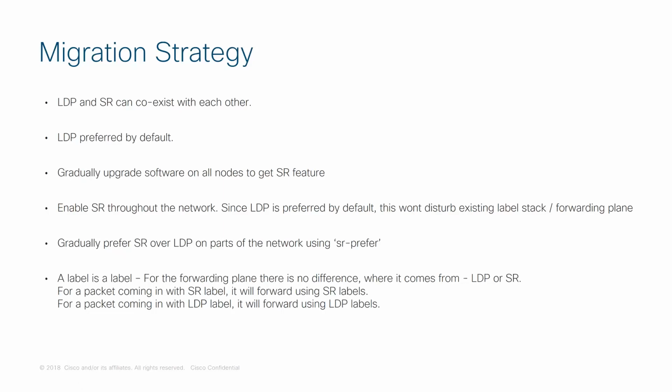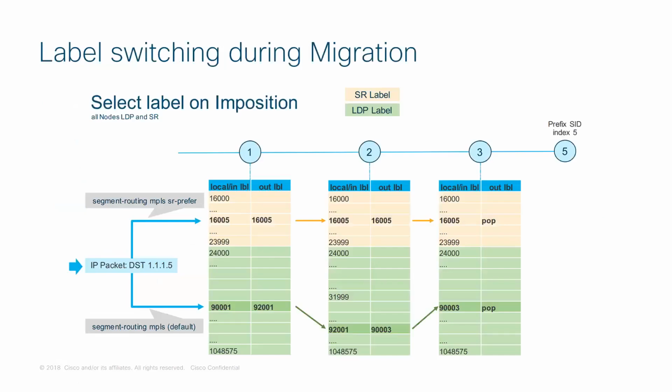That's why it doesn't break. You can have both, and you can slowly migrate from LDP to SR. Data will be forwarded as per the incoming label. This is the figure. If a packet comes in with 16,005, switch it out with 16,005. If a packet comes in with an LDP label, say 9,001 in this case, switch it out with the LDP label of the next hop. So both work at the same time.